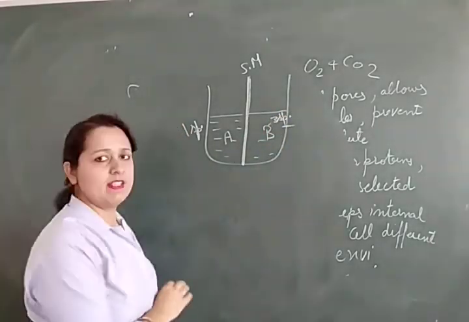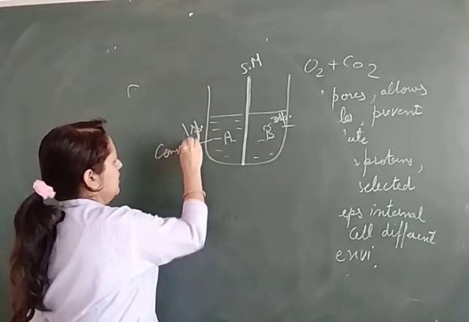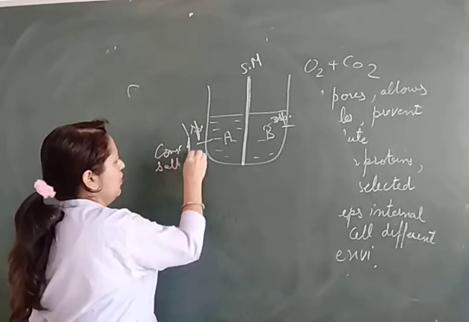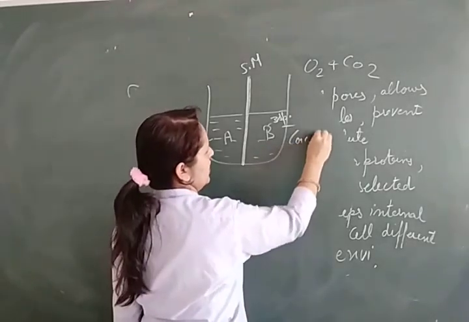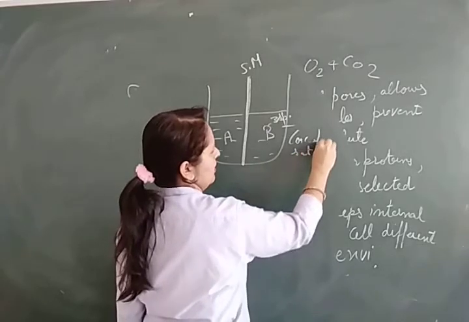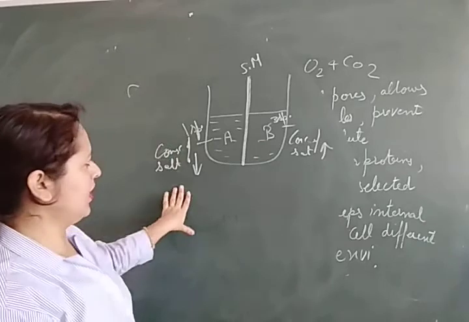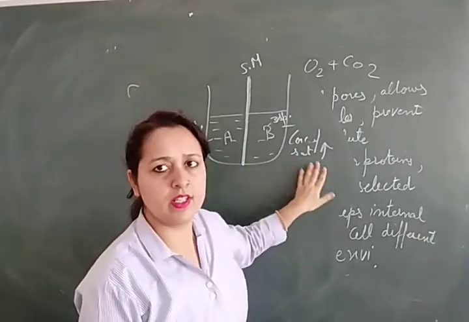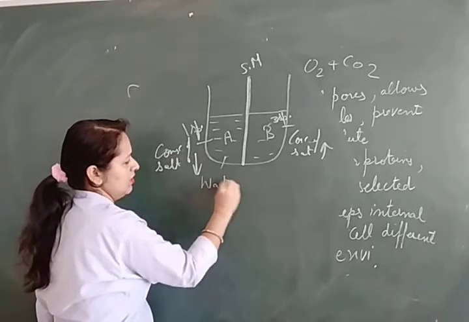Okay, so we can say that the concentration of salt here is low, and in compartment B the concentration of salt is high. So solute concentration is low here and high here. Now what about the water concentration?